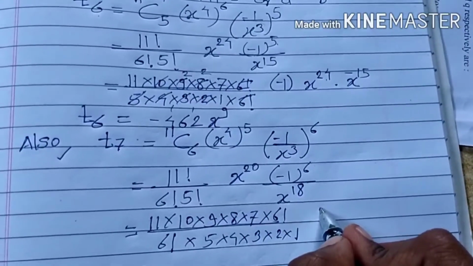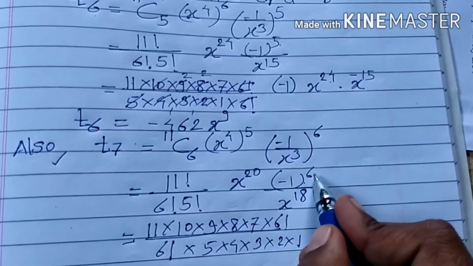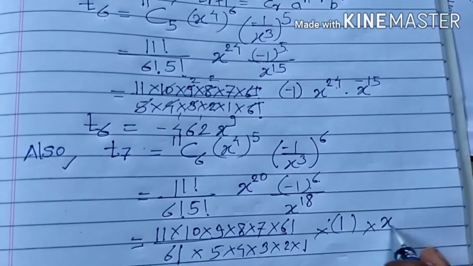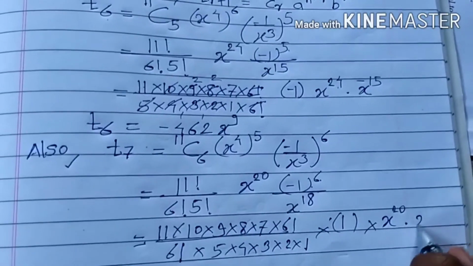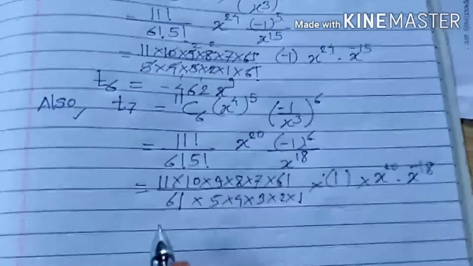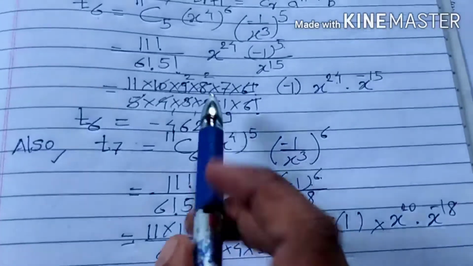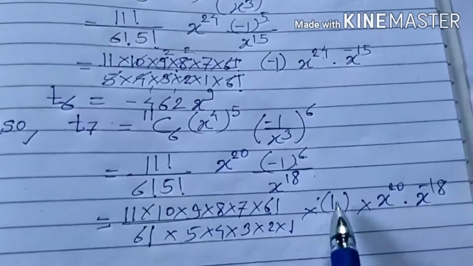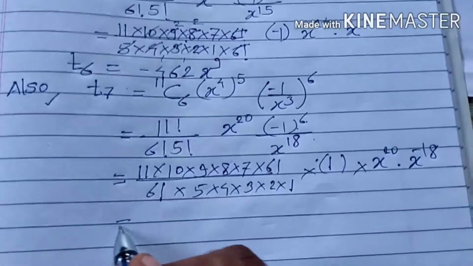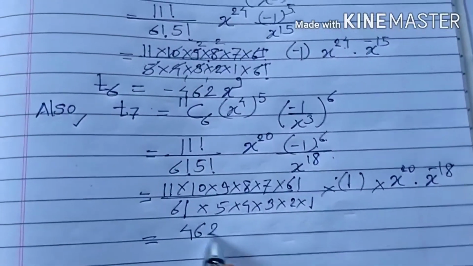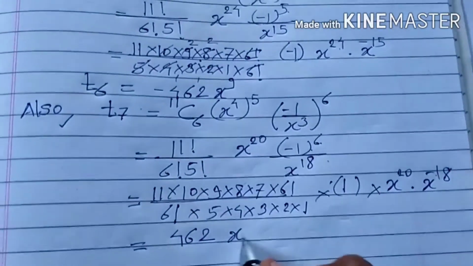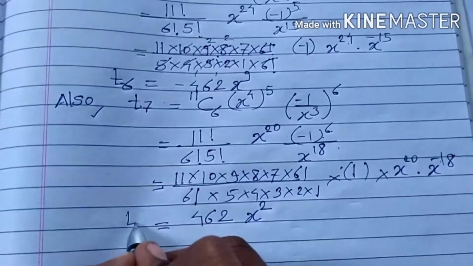This minus 1 raised to 6 is even, so it is plus 1 into x raised to 20, and this is x raised to minus 18. Calculation of this is same, it is minus before, but here it is a positive number, so 462 positive, and 20 minus 18 is x raised to 2, so T7.